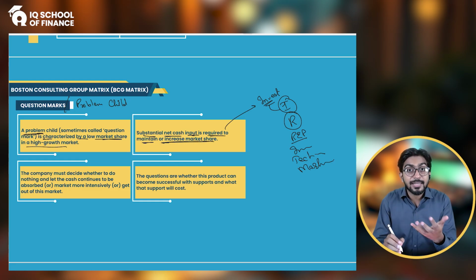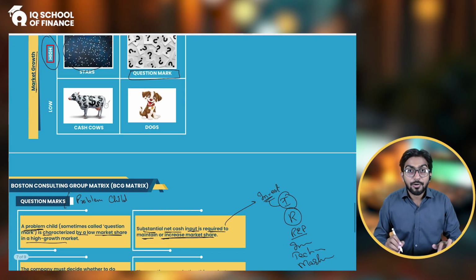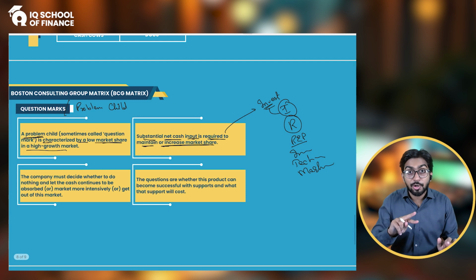Because if you make it successful, it will become a star. Remember, in a star, the market growth was high and also the market share was high. So if you make the market share high, it will become a star. All right, so you have a chance to convert your question mark into a star product.